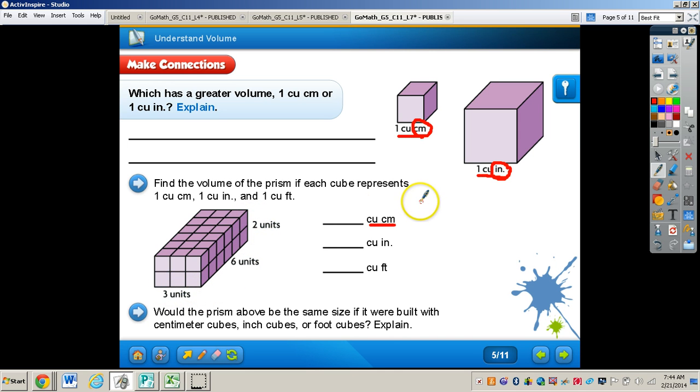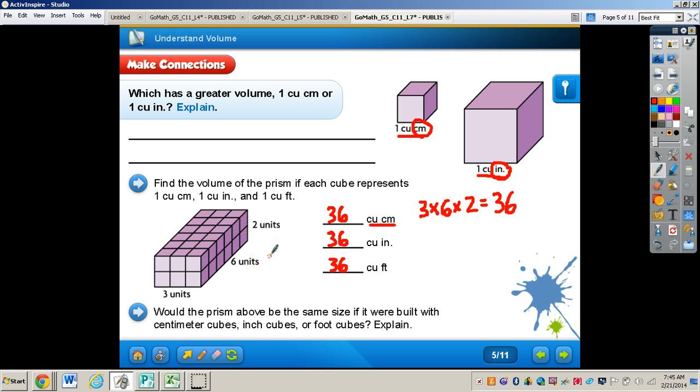We could take 3 times 6 times 2. That's going to give me 36. No matter if it were measured in cubic centimeters, it would be 36 cubic centimeters. Cubic inches, still 36. And still 36 cubic feet if these were all to represent 1 cubic foot.